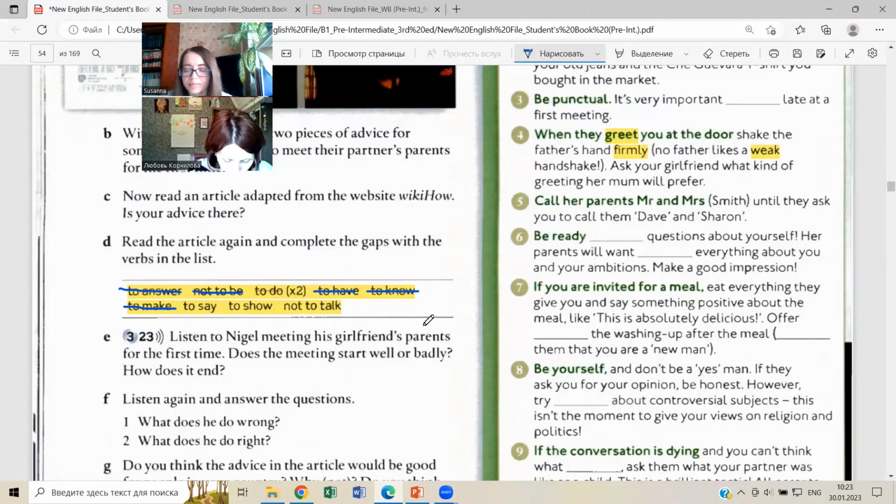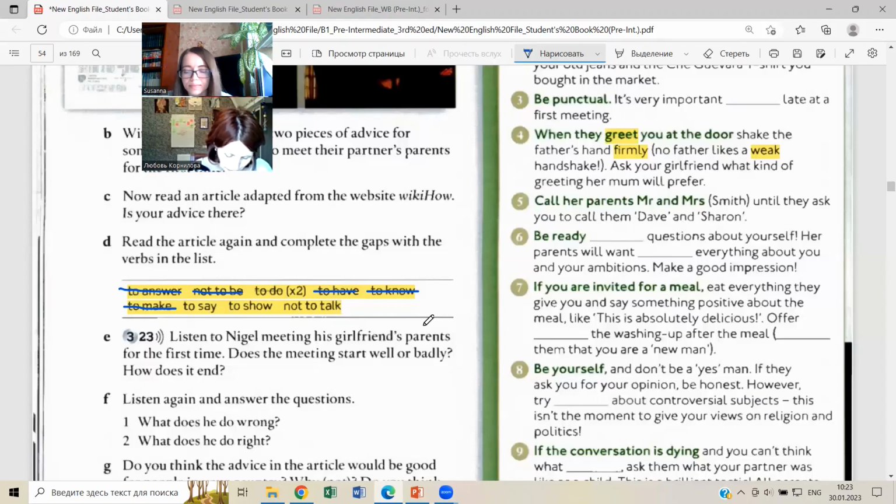If you are invited for a meal, eat everything they give you and say something positive about the meal, like this is absolutely delicious.